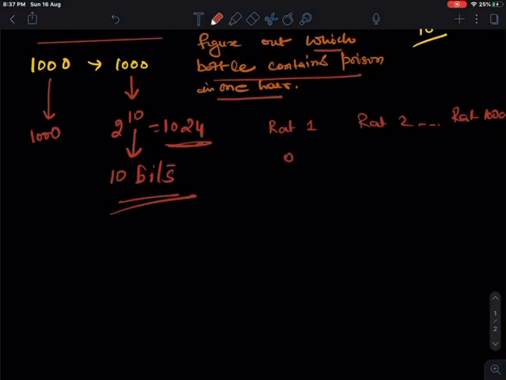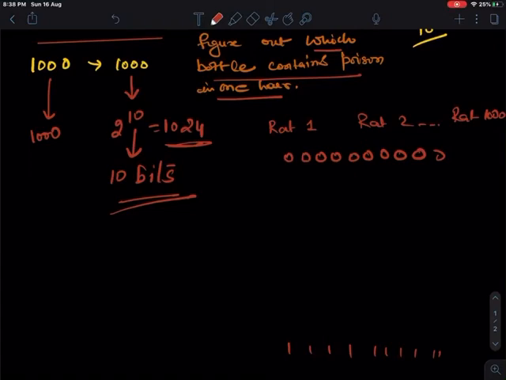So we have 0 0 0 0 0 0, right? That's it. And similarly like this, and all the numbers in between. Only 10 bits needed.